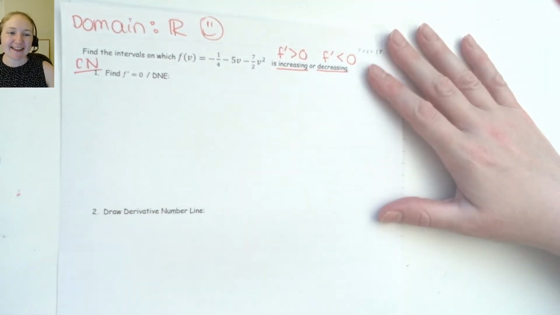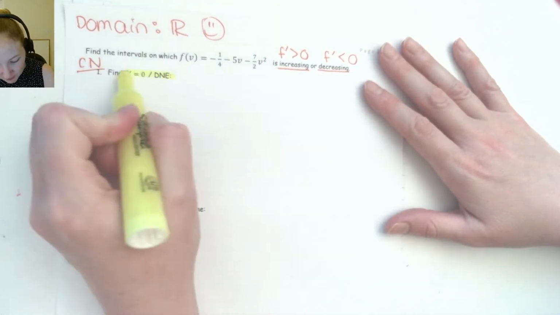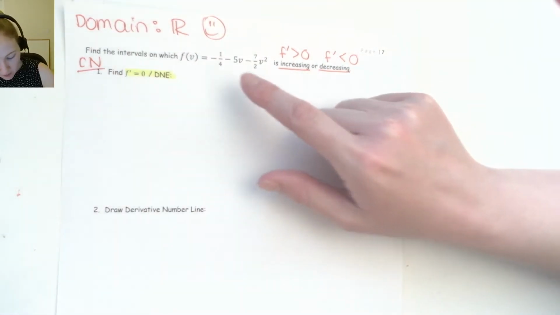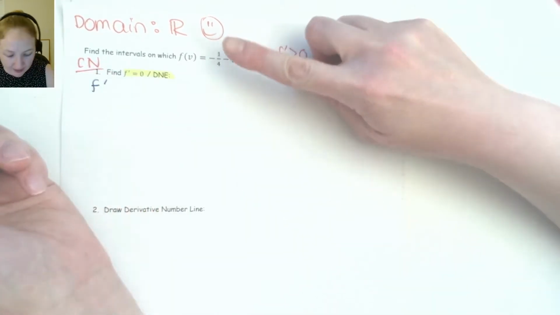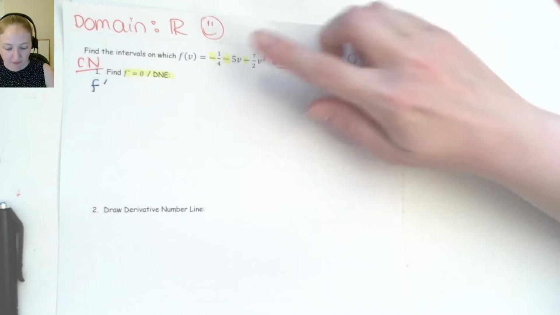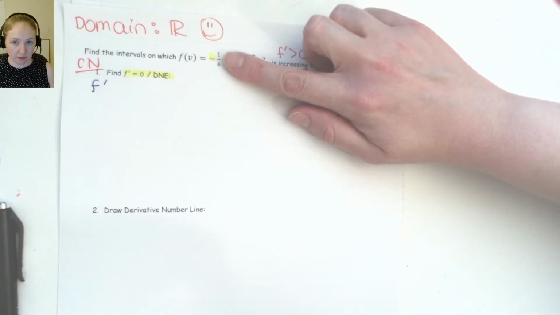All right, so then you look at where your derivative is equal to 0 or does not exist. So we're going to take our derivative. This is kind of a weird looking function. They have 3 terms and there's a lot of negatives here, but that's okay. So the first term, -1/4, that is a standalone constant, so it's going to go to 0.